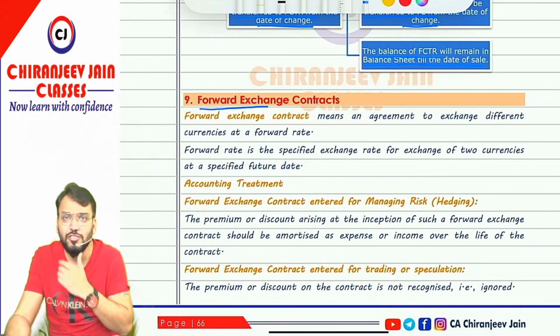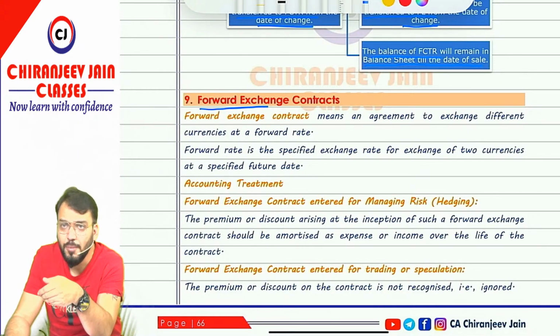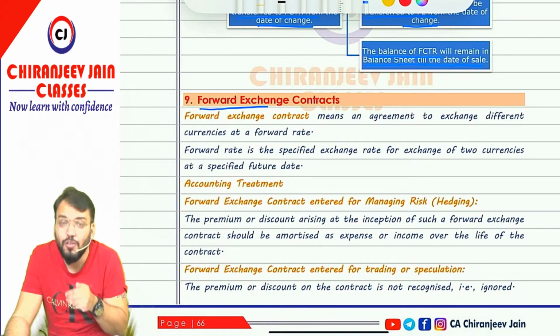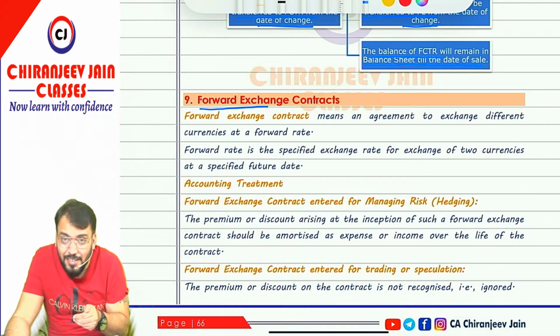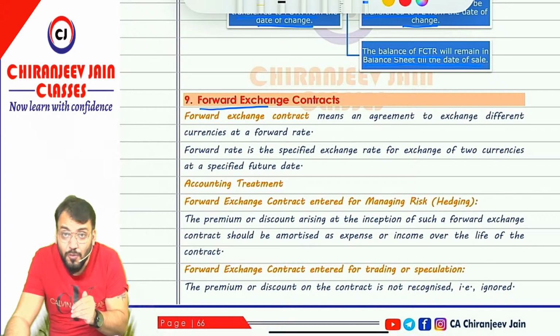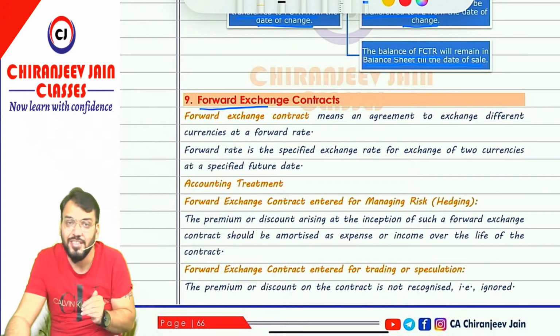Now forward exchange contract means what? If you have done a forward contract. Forward contract means any contract which is settled in a future date. So if you have done any forward contract which will be settled in a future date, that is known as forward contract. And if the forward contract is done in foreign currency, that is known as forward exchange contract.